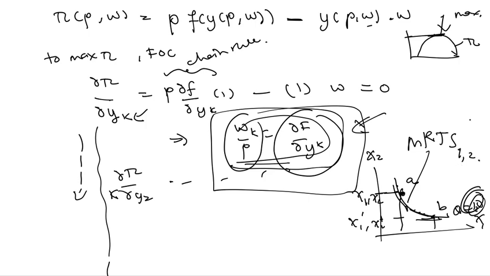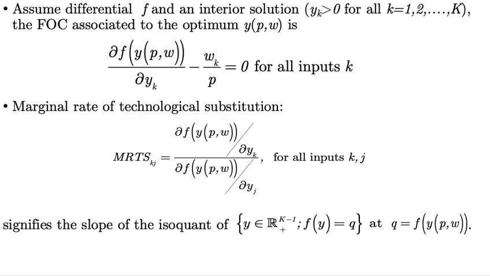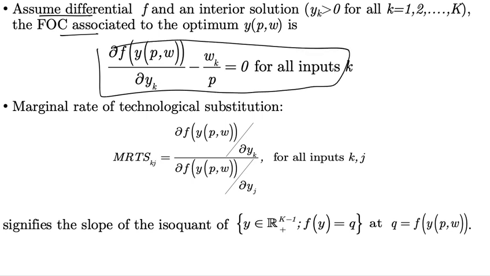Now, to put it in a general explanation, this is what I mean just now. If we assume that the production function can be differentiated so that we can find the first order condition, mathematically speaking, that is what this term means.